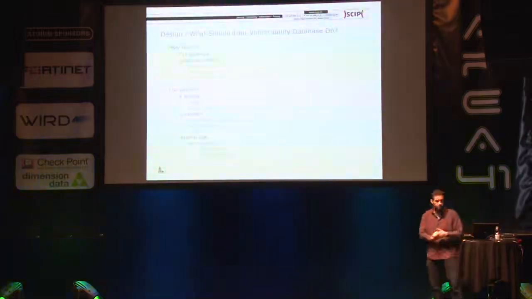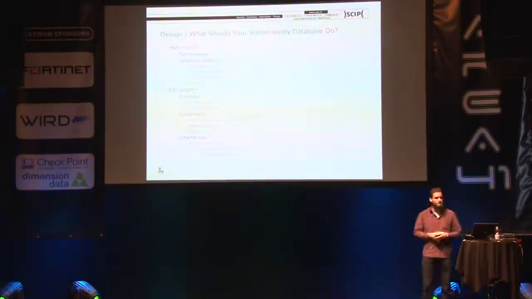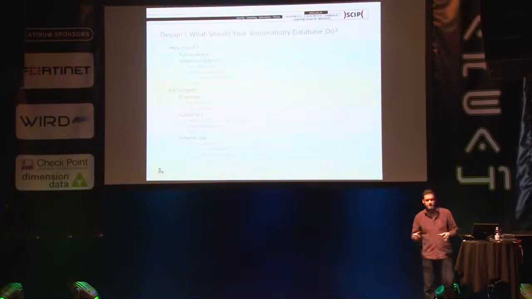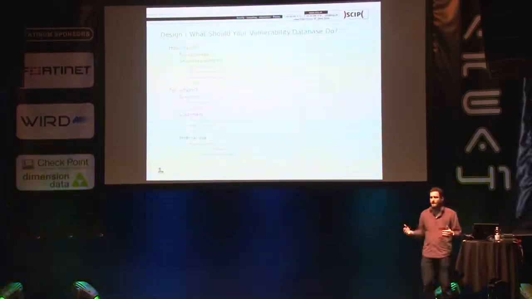When you start to do vulnerability management and to collect vulnerabilities, you have to think about how you want to do that. The first thing you have to think about is how many vulnerabilities you want to maintain in your vulnerability database. Ideally, you are going to provide a full coverage.